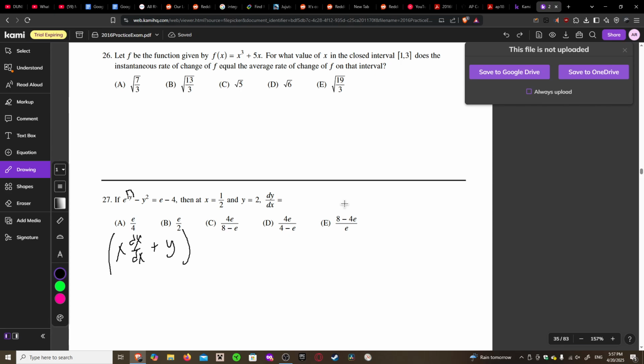This is why you group things correctly. e to the xy minus 2y dy dx equals 0.